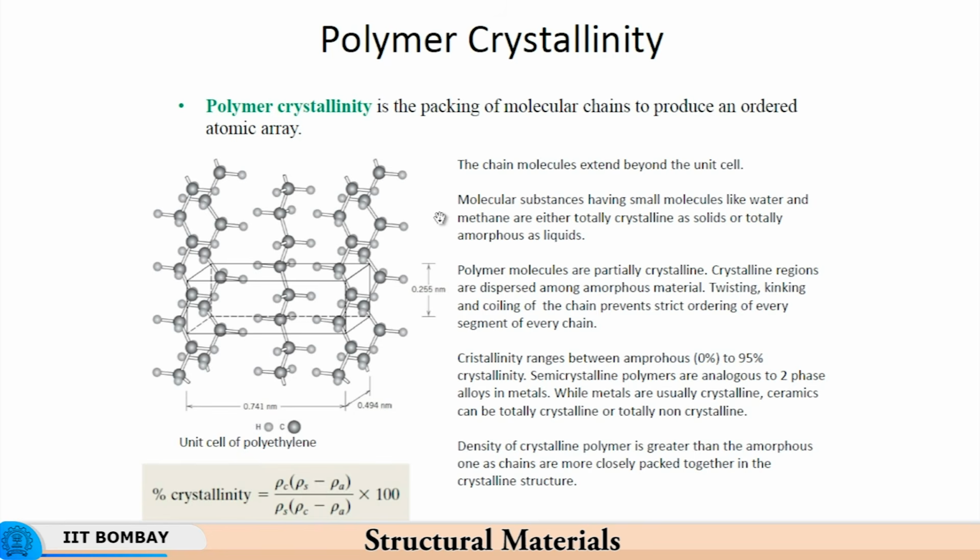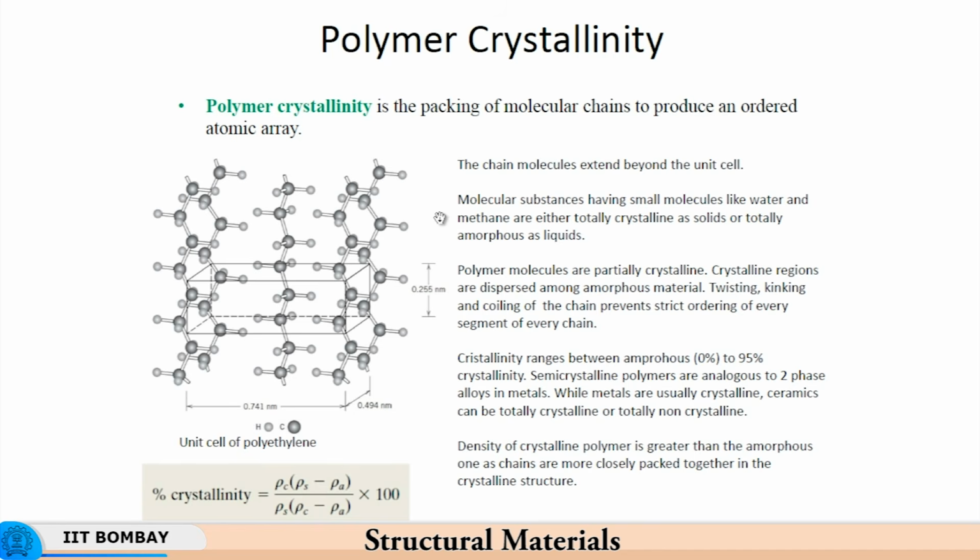So that's why it cannot go to 100% crystallinity. It is restricted to 95% at the maximum. So you have semi-crystalline polymers, which are similar to two-phase alloys and materials. You have amorphous regions and crystalline regions. This is what we call semi-crystalline polymers.